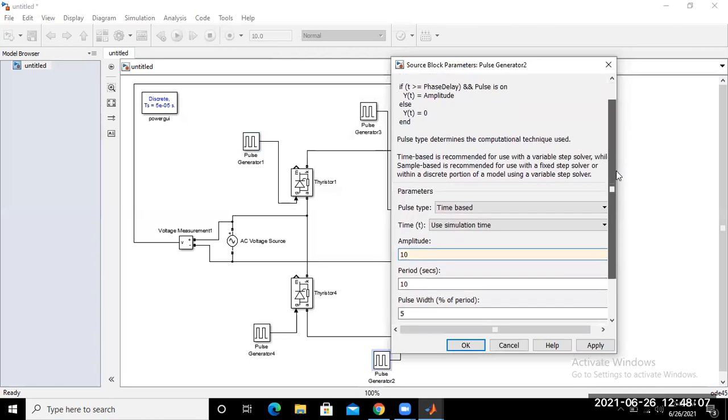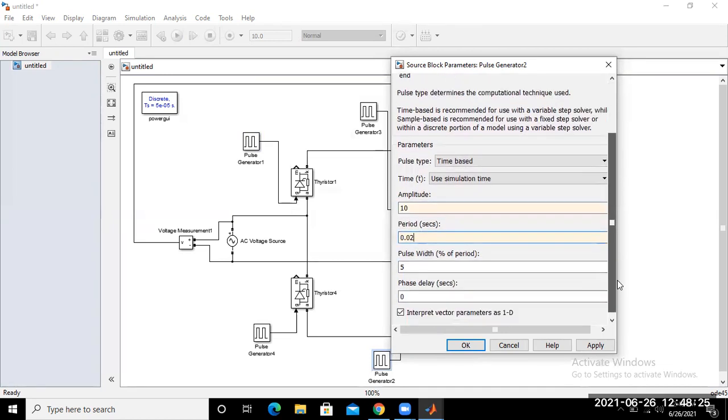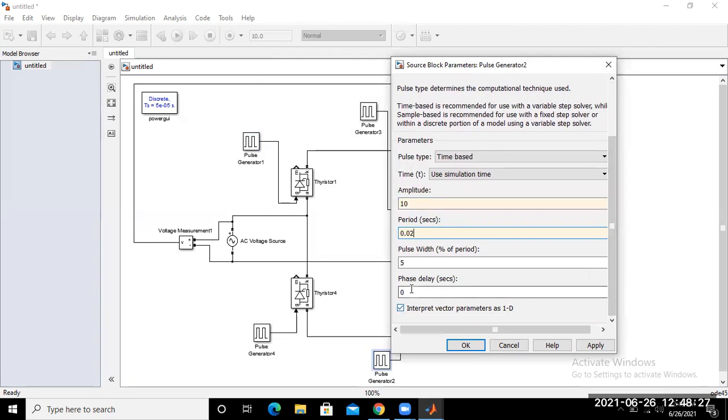What is the period in seconds? That means 1 by 50, so 0.02. Pulse width percentage is 5. The phase delay is the same as thyristor number 1.